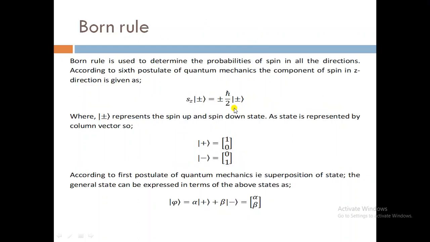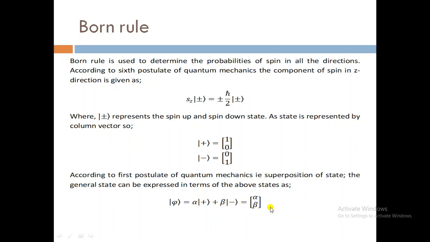While doing psi star, if we multiply this into this star, what would we get? Psi, and then while finding its star, we get bra psi, which is bra plus alpha star plus bra minus beta star.